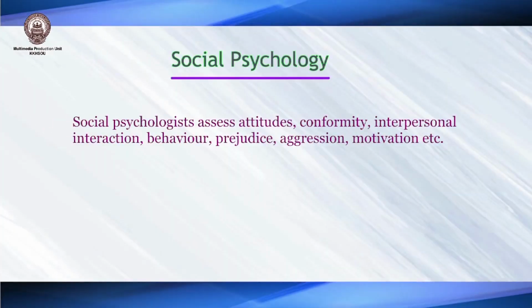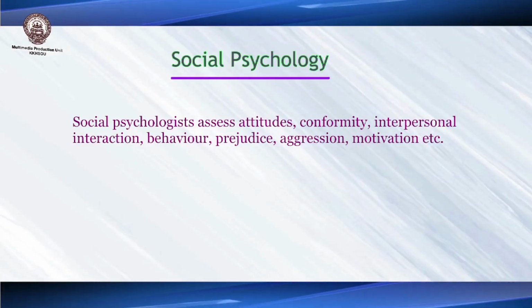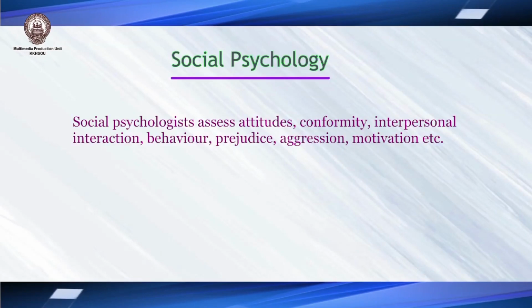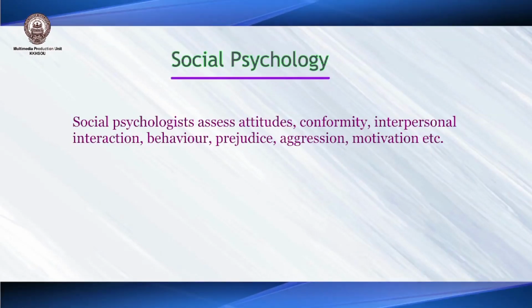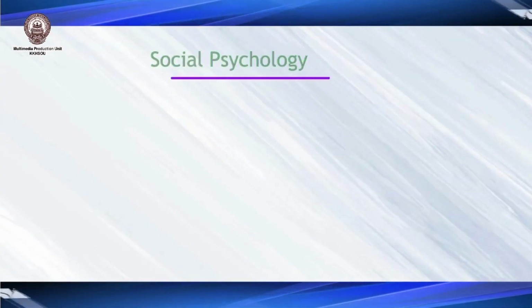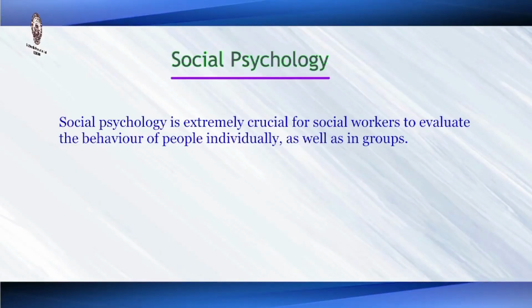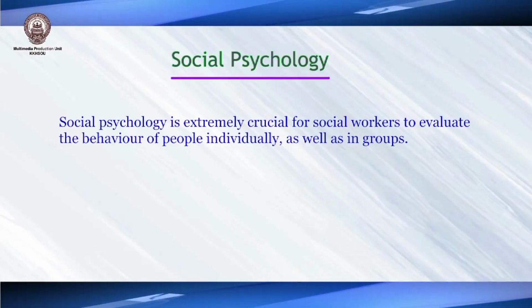Social psychologists, which is another profession closely related to psychologists and social workers, assess or evaluate the attitude, conformity, interpersonal interaction, behavior, prejudice, aggression, and motivation of people or of an individual. So, social psychology is extremely important for social workers to evaluate the behavior of people individually as well as in groups.